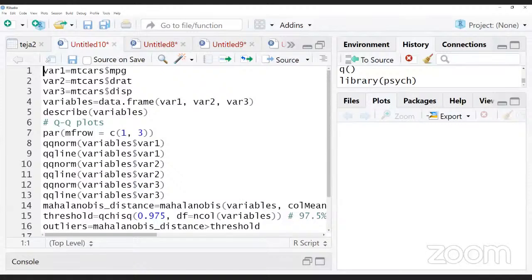When there are more predictors, we have to find the loadings, the weightage of the predictors for predicting the change in the dependent variable.